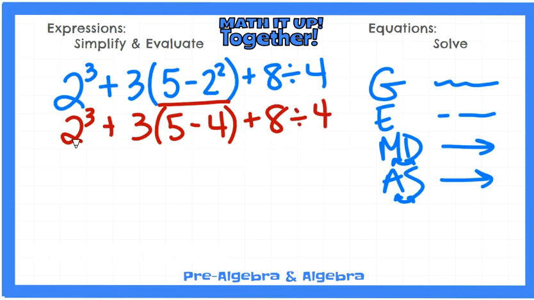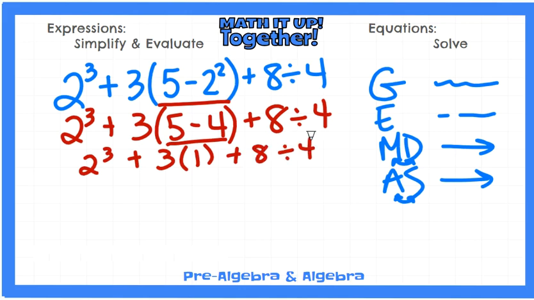Keep things nice and neat here. And again, that is still a grouping. I'm going to turn that into a 1. And now we can move on and catch any other exponents because we have all our groupings taken care of. Here's an exponent. That is 2 times 2 times 2. That's 8.